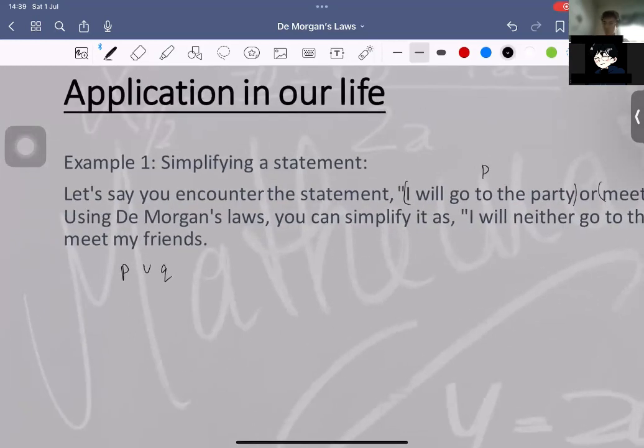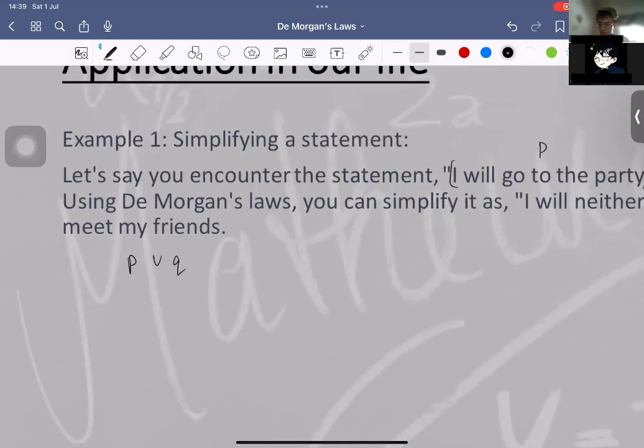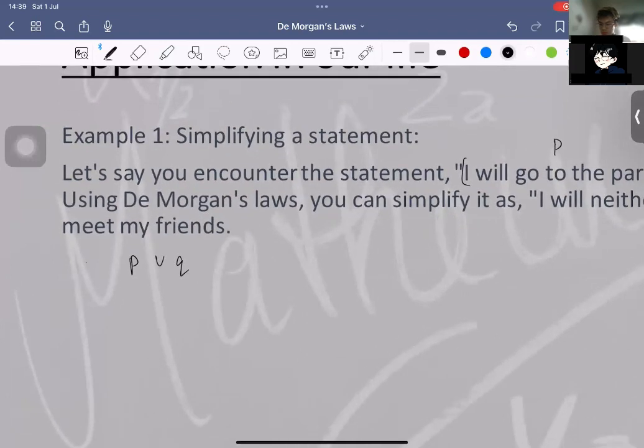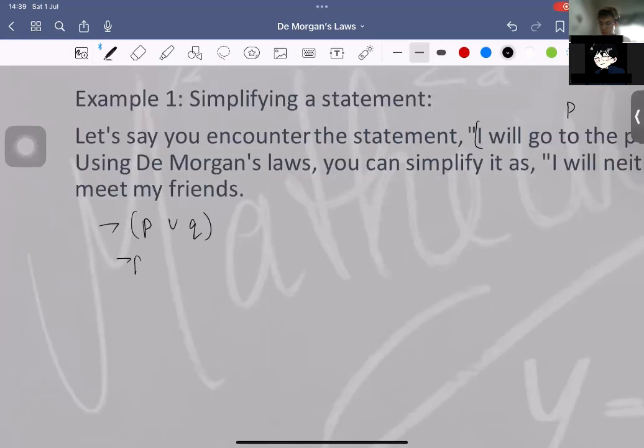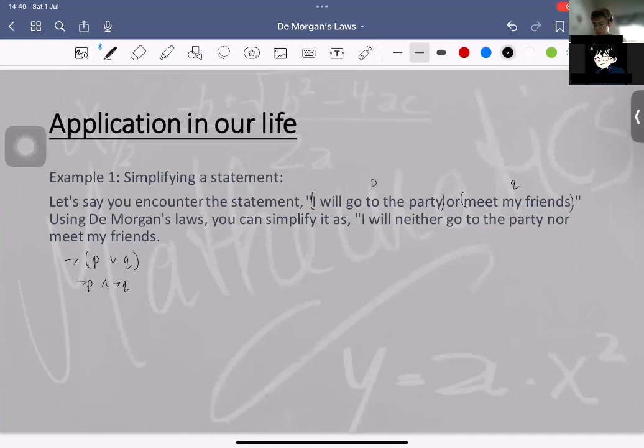By using De Morgan's law, you negate P or Q. So we get not P and not Q. If you negate the statement, it will become I will neither go to the party nor meet my friends.